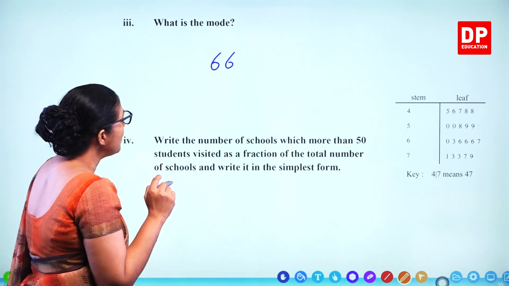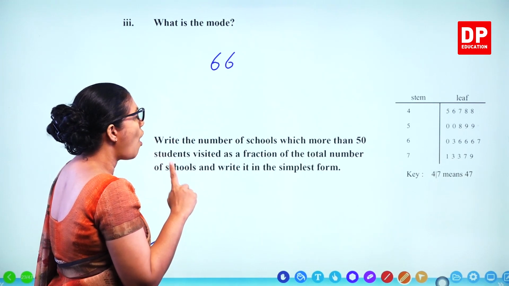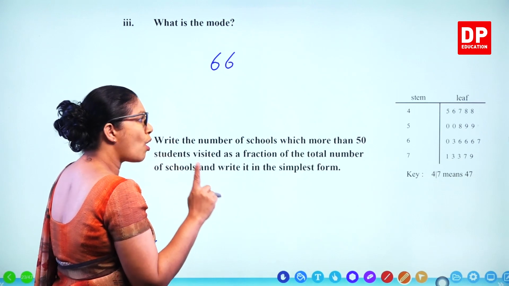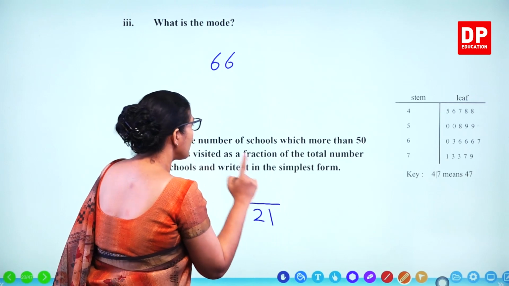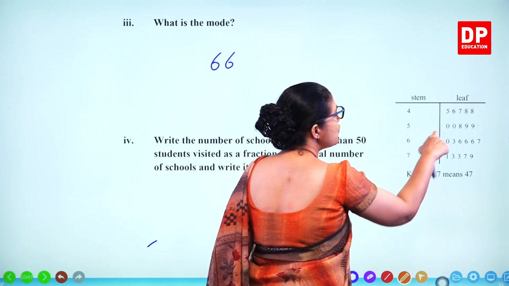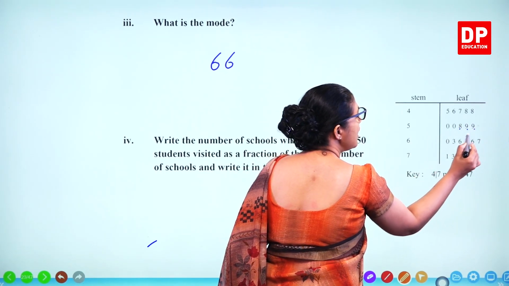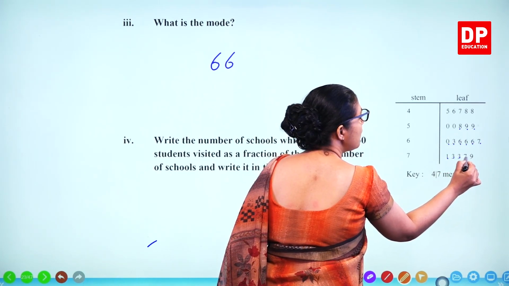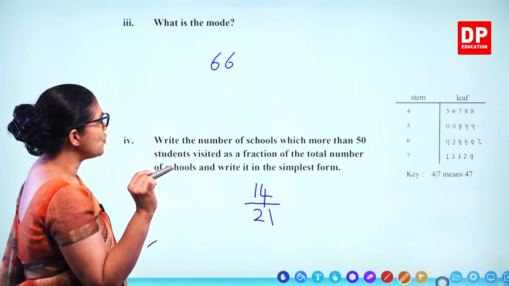Fourth part, write the number of schools which more than 50 students visited as a fraction of the total number of schools and write it in the simplest form. So altogether we found 21 schools are there. How many schools got more than 50 students? So 50, 50, 58, we can count from there. 1, 2, 3, 4, 5, 6, 7, 8, 9, 10, 11, 12, 13, 14. 14 schools got more than 50 students.